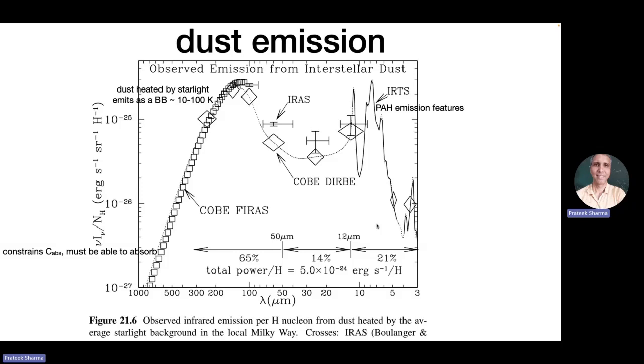You can also form dust in supernovae. You can form self-shielded regions in supernovae, where dust can condense and be thrown out. Even in 1987A, the supernova that happened in 1987, people actually saw spectral evidence for the formation of dust in the ejecta.